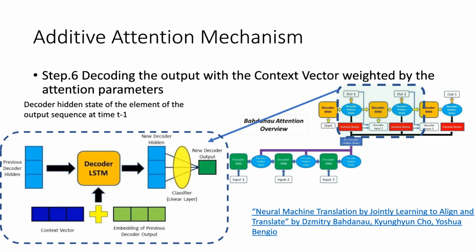So for each time step, let's first calculate the context information of all the input, weighted by the attention scores corresponding to each time step. For each time step, you first generate a different set of attention parameters that calculate the correlation between the feature vectors of this time step in the output sequence and all of the elements in the input sequence.